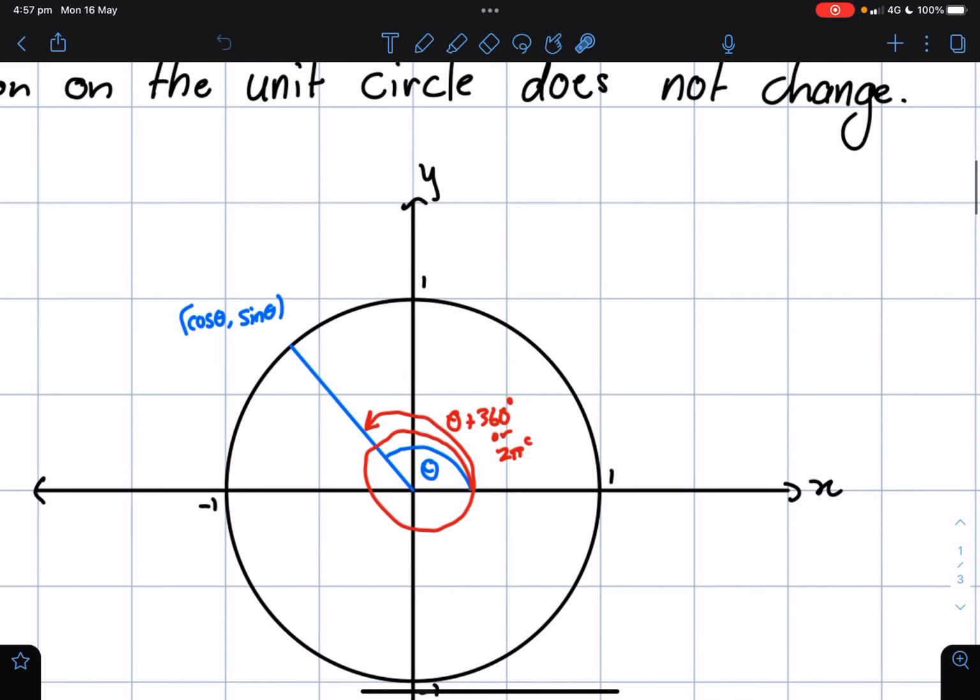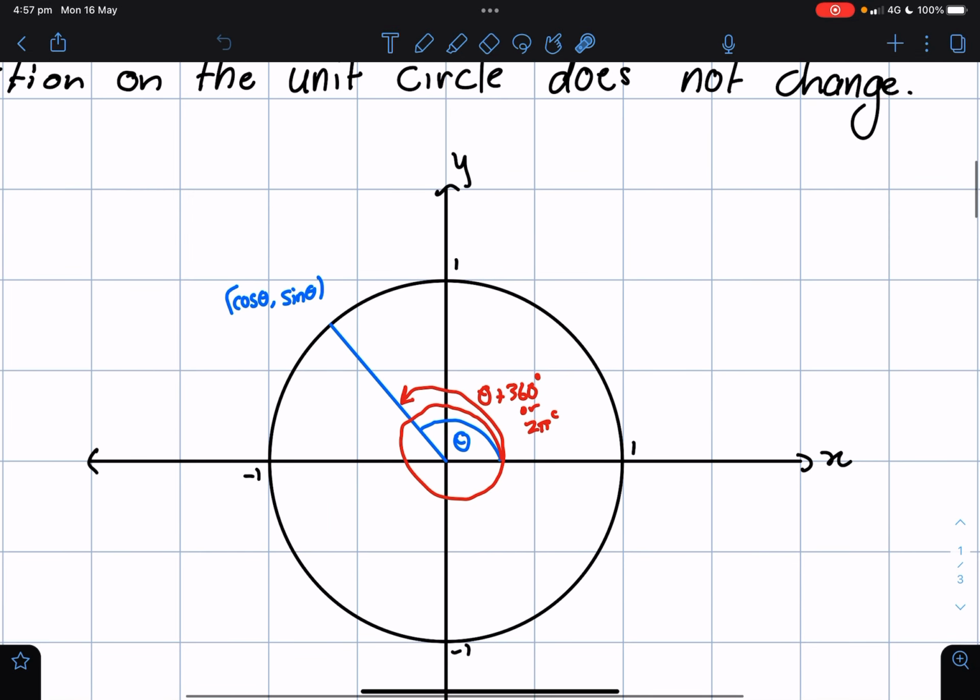So here I've got my original angle theta. Now, if I add 360 degrees to this theta, see how we're in the same spot? Same thing if theta was measured in radians and we added 2 pi radians, we would again get back to the same spot here.